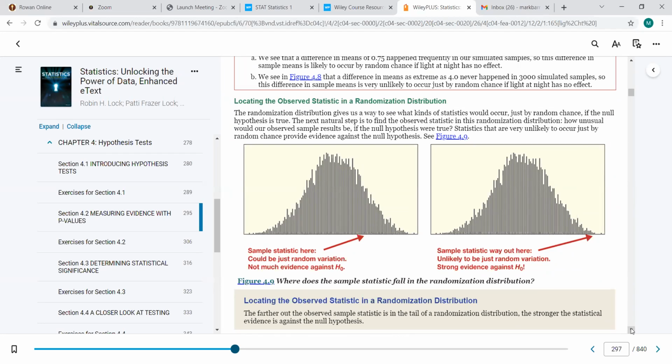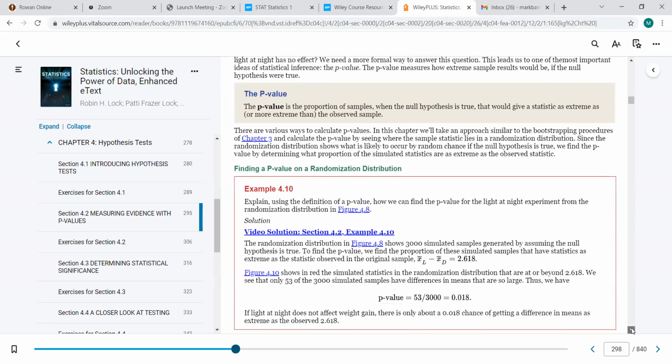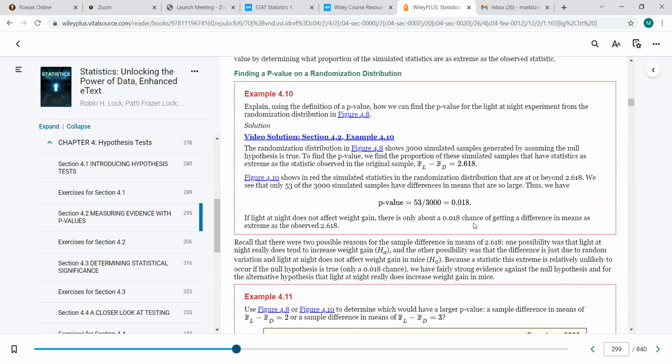And then we count the number of samples that are at least as big as 2.618. Divide that by 3,000. So we actually counted 53 of those dots or samples that have differences of sample means of at least 2.618. We counted 53 of them, divided by 3,000. Notice that the proportion is 0.018.